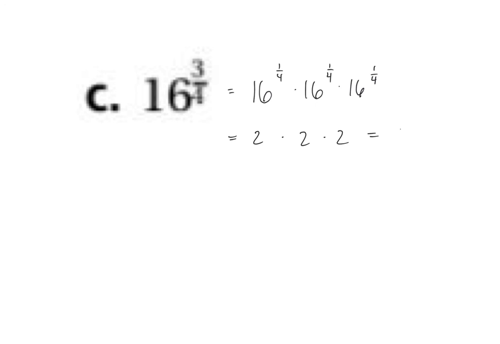Giancarlo? 8. Ocho. If it's 1 over 4, shouldn't there be 4 parts? But look, there was a 3. There's only going to be 3 parts. He's just breaking it down. So what's 1/4 plus 1/4 plus 1/4? 3/4.